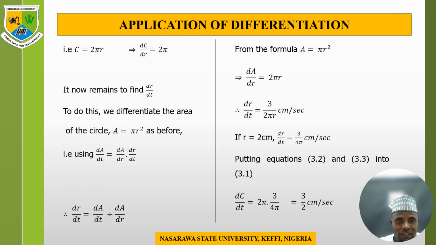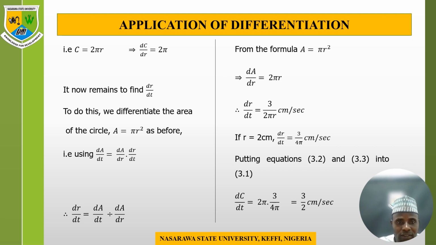The circumference is given by C equals 2πr. So when we take the derivative of that, we have this. So it now remains to find dr/dt.